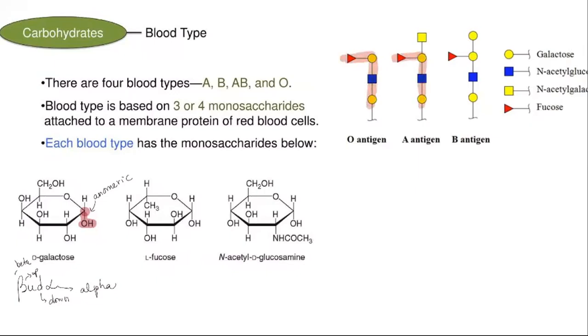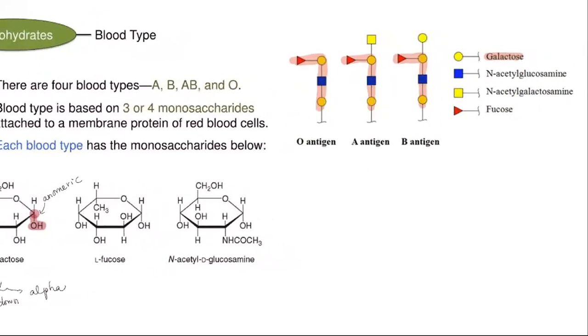So as you can see, every single blood type will have these, which is the galactose, the N-acetylglucosamine, and then the fucose. And the difference between O and A is that the A antigen has an N-acetylgalactosamine, and then the B antigen compared to O actually has an extra galactose, okay?